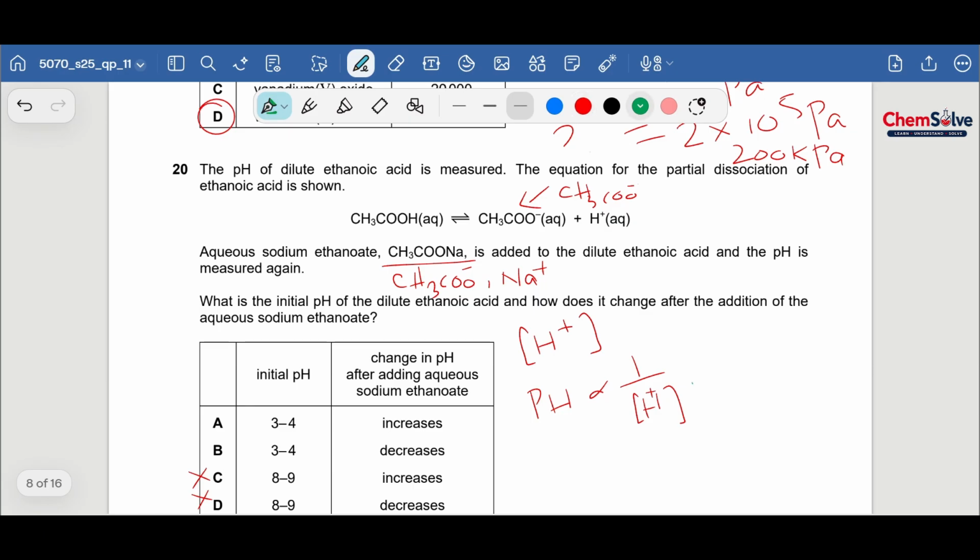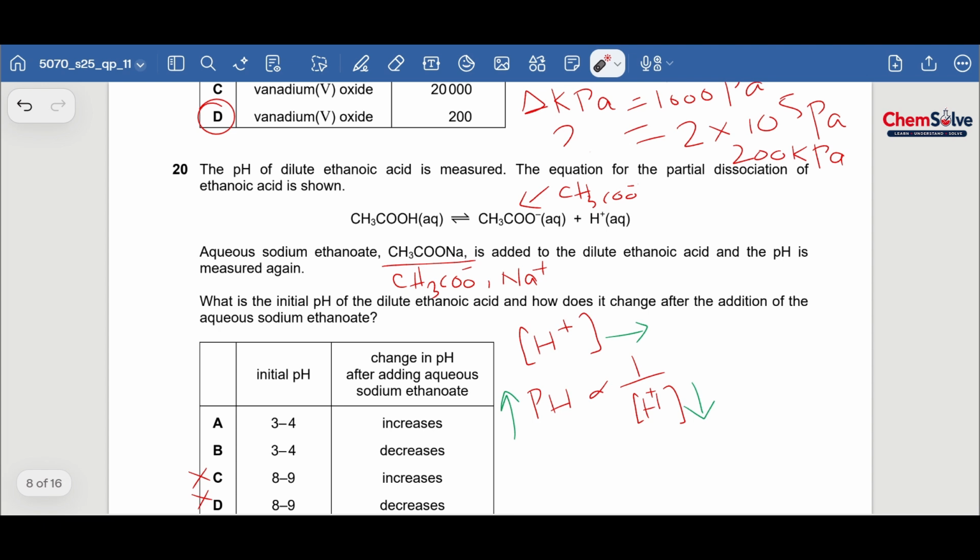When hydrogen ion concentration decreases, pH increases. Because the reaction moved to this side, there would be less H positive ion.